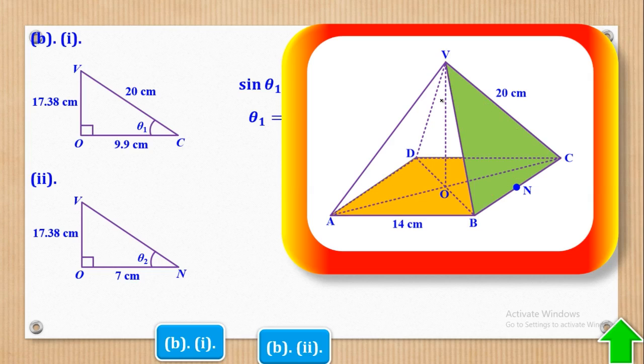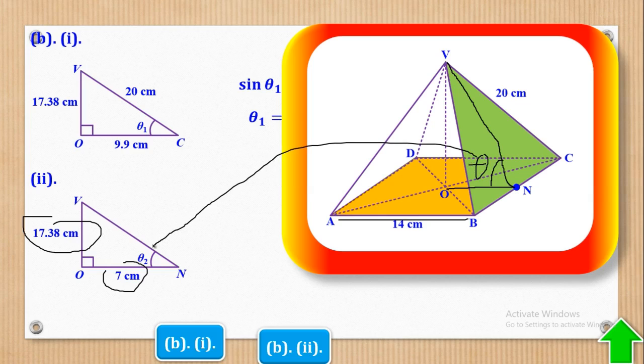For you to get the angle between the two, you have to draw a line from here to the midpoint, then also from here to here, and the angle is that. You already know that ON is 7 because it is half of AB. Then the height of VO is 17.38. Therefore you can easily get this angle.